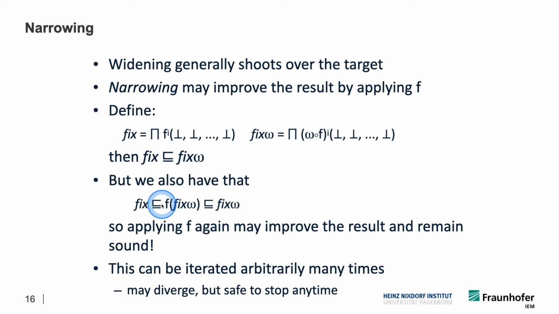And in particular, you're still guaranteed to be larger than the regular MFP fixed point. So you can't do anything wrong. You will always still have a sound approximation. Also, very likely you are going to be more precise than with the widened fixed point. So in that sense, there's nothing really that you can break by doing that.